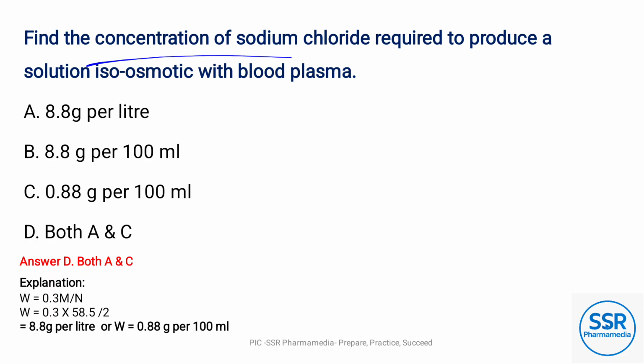So option D, both A and C. This is the formula: 0.3 into 58.5 divided by 2, which gives 8.8 gram per liter or 0.88 gram per 100 ml. So both are correct: per liter is correct, and per 100 ml is also correct.